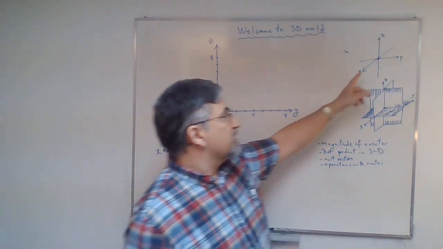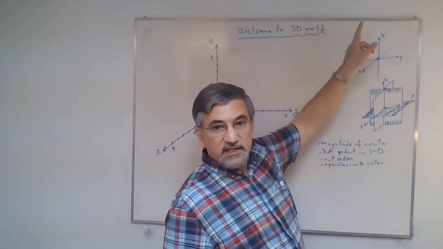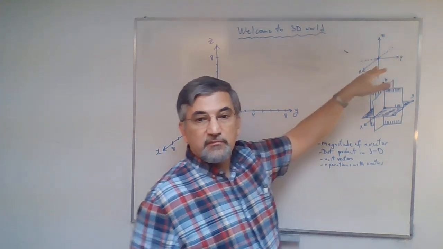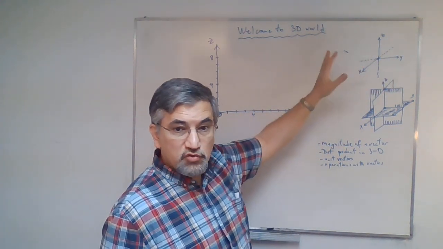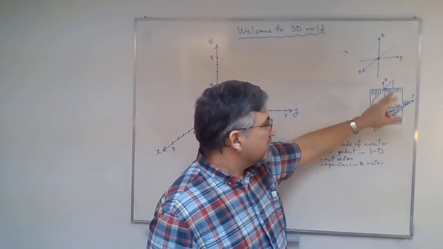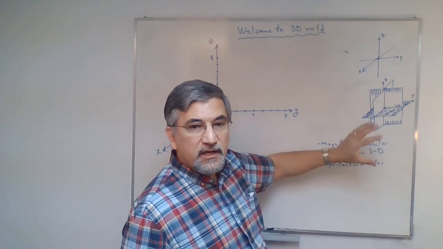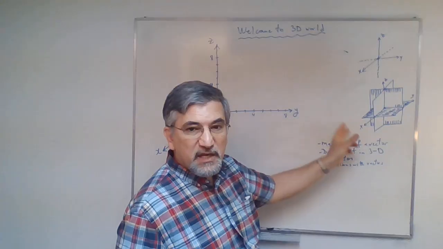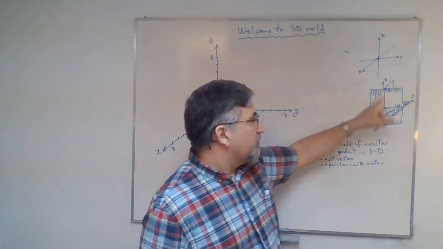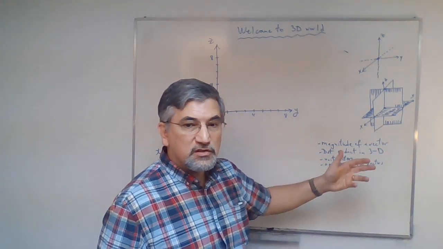If we have the x-axis, y-axis, and z-axis, each extending from negative infinity to positive infinity, then we are basically dividing the whole space around us into 8 octants.